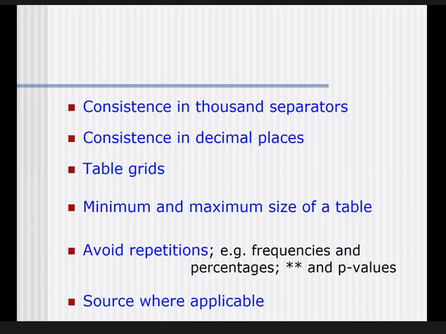Now, you find somebody with a table with those asterisks and also a column of p-values. That is a repetition. Once you have p-values, you don't need the asterisks because a p-value clearly indicates the level of significance.